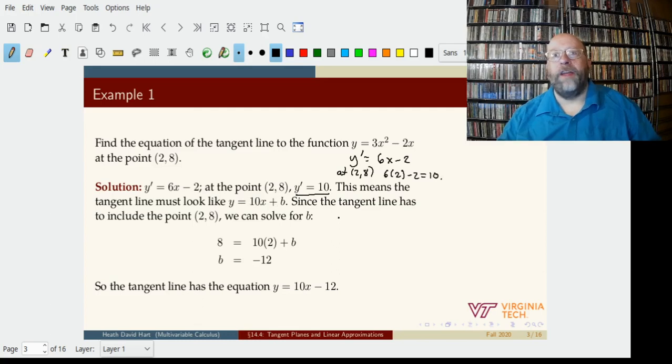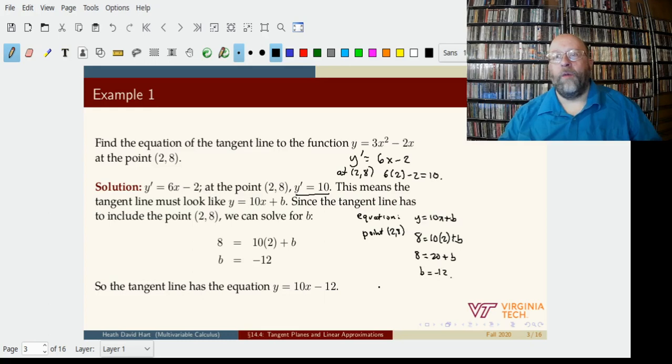Y equals 10x plus b will be the equation. But then we know that the point is still 2, 8. And so if I plug in 8 for y and 2 for x, that's 8 equals 20 plus b. And so b has to equal negative 12.